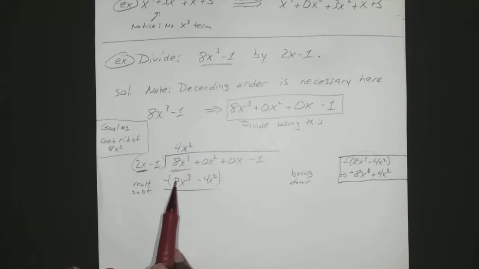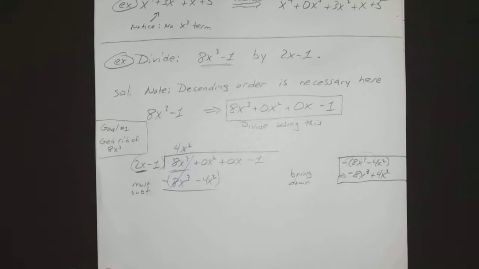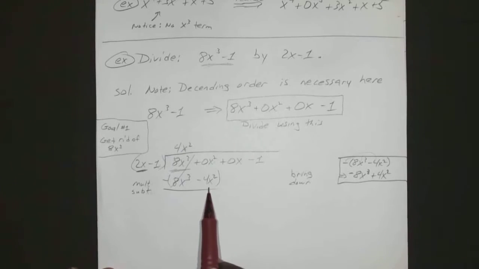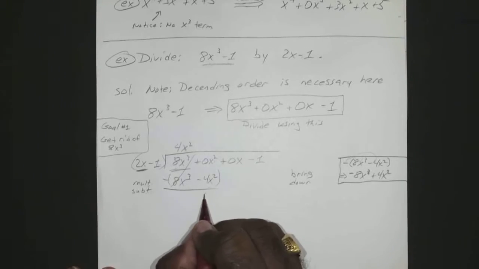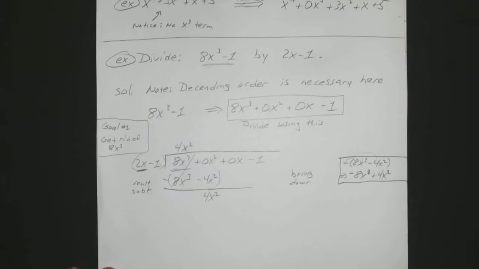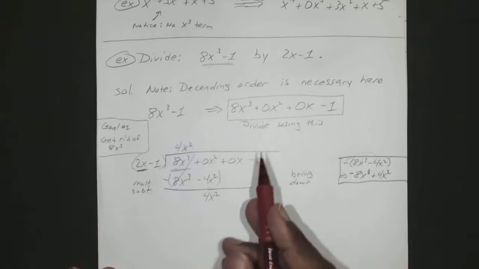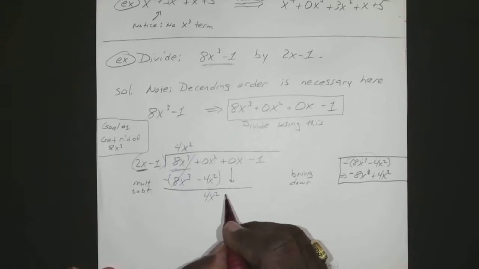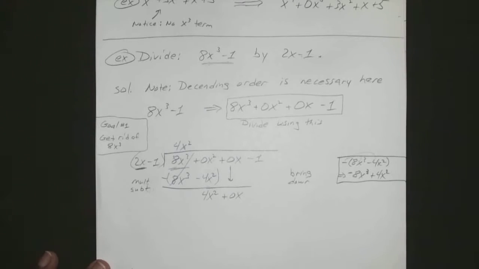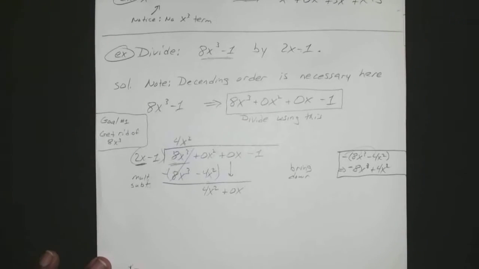Okay, so 8x to the third minus 8x to the third is 0, so that disappears just like we planned it. 0x squared plus 4x squared is 4x squared. Okay, so we multiplied, we subtracted, now we can bring down. Okay. That's why you need those 0 placeholders, because you need something to kind of bring down.